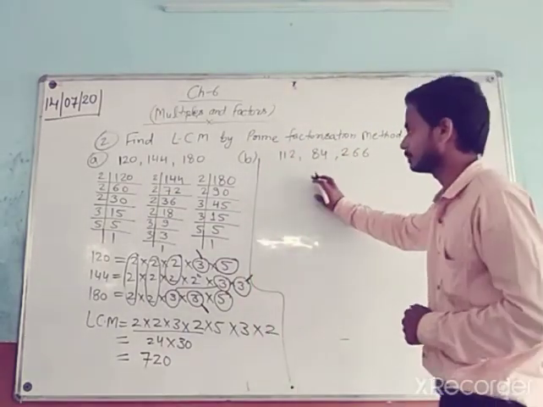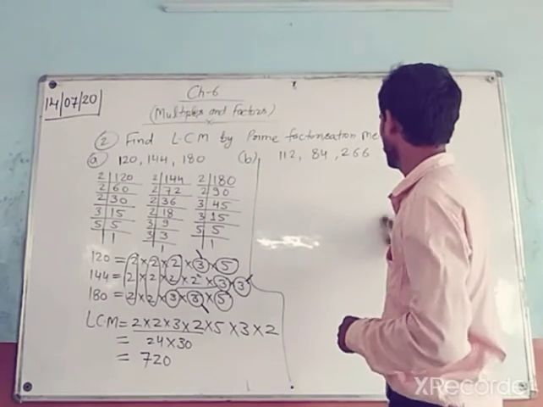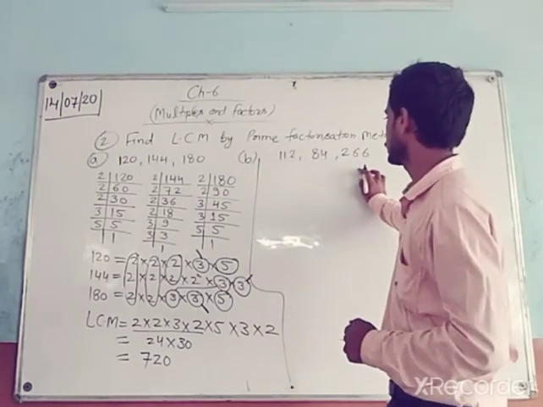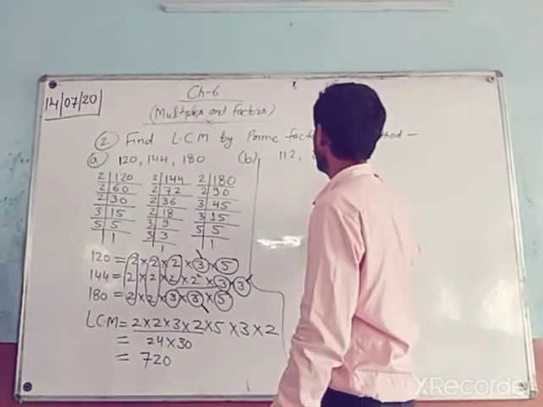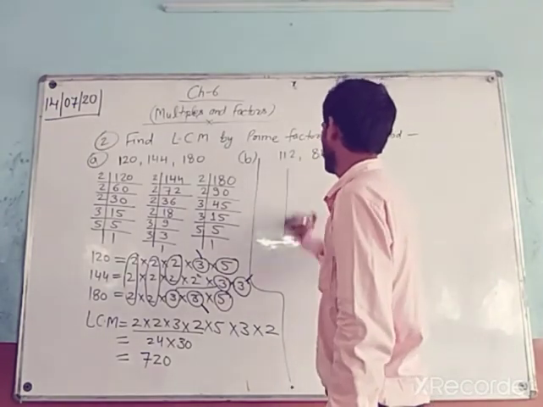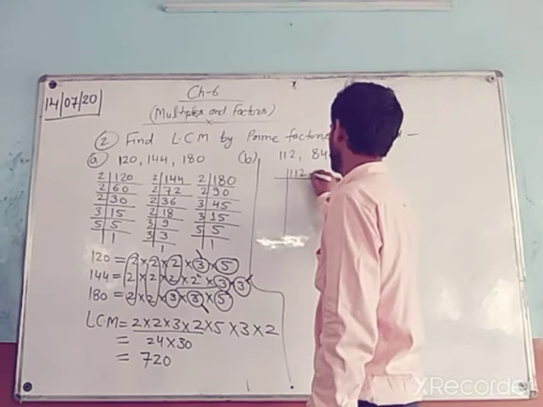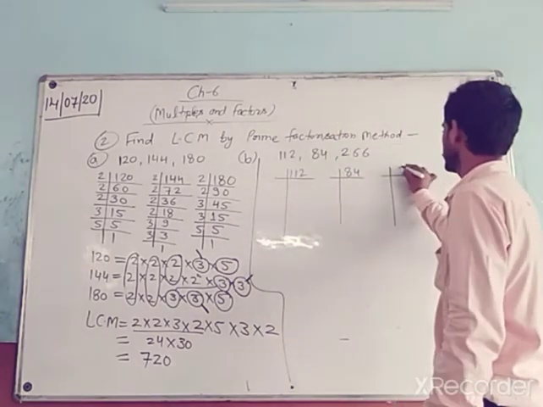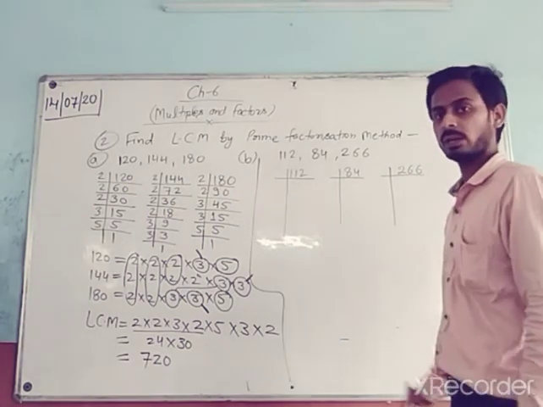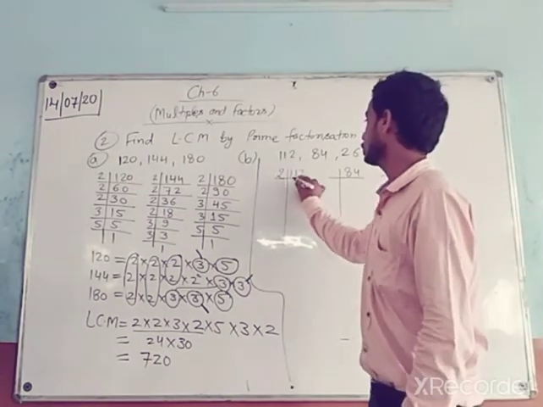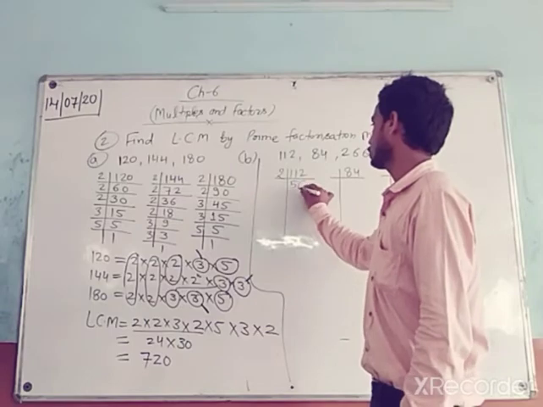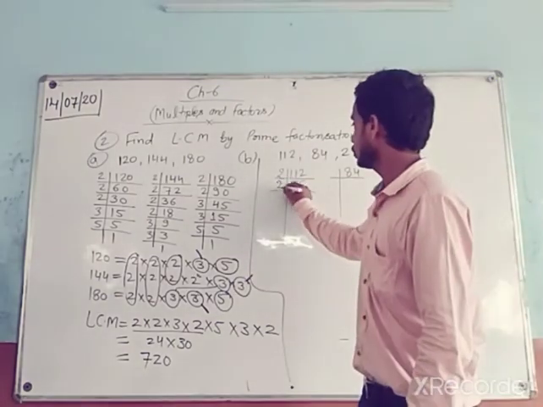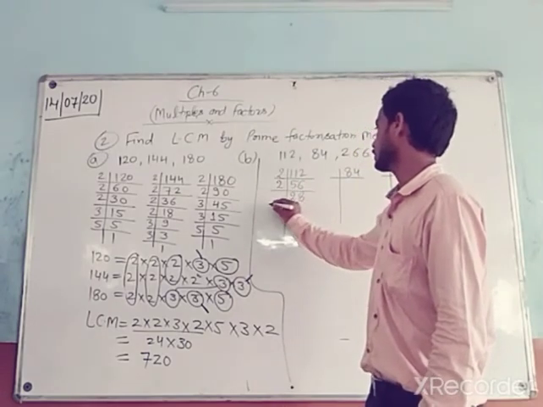Now next: 112, 84 and 266. Okay, so 2 5s are 10, 2 6s are 12. Clear? Next 2 2s are 4, 2 8s are 16.